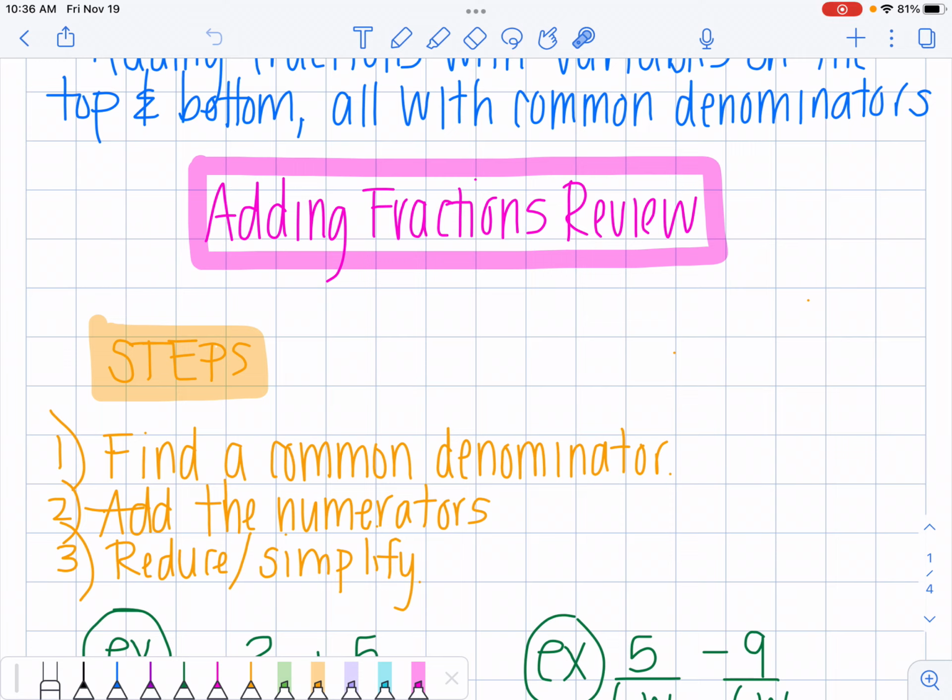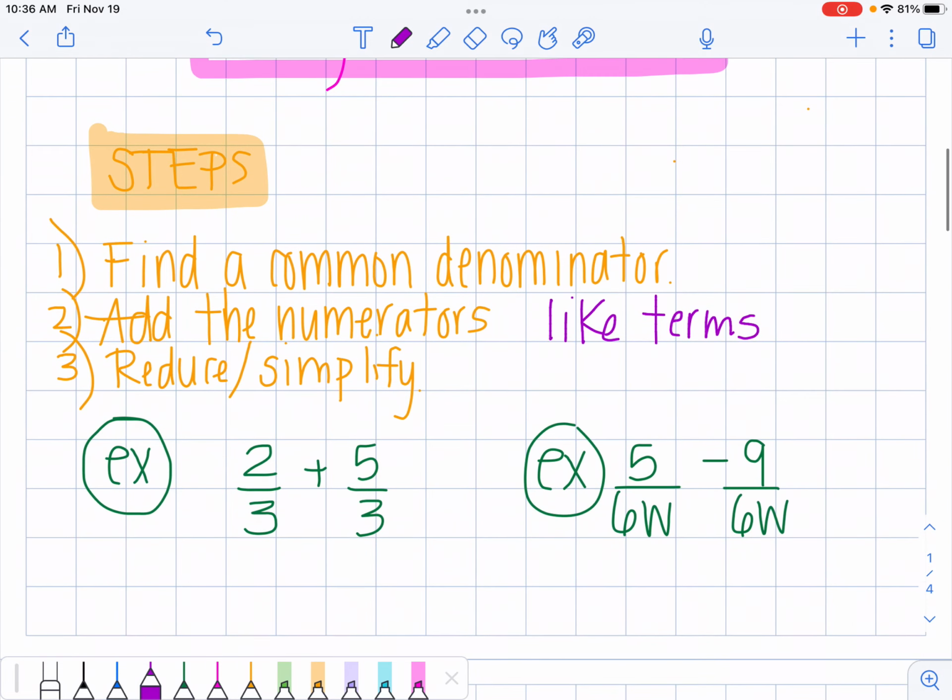And we want to remember that when we add our fractions, we only want to add together the like terms. Remember, like terms are things that are added or subtracted to each other that have the same exact variables, but maybe the numbers in front of the variables are different. And then we're going to reduce or simplify our fractions as much as possible.